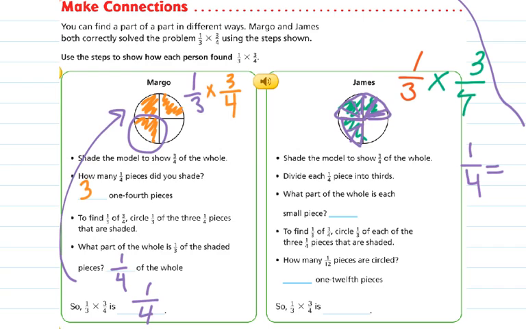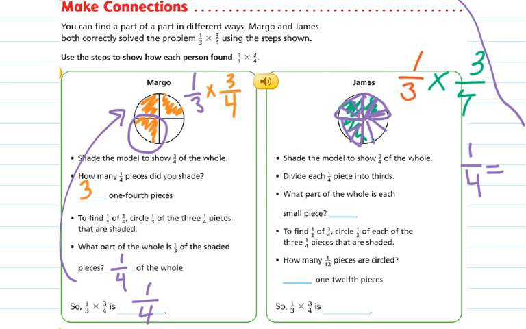So students, as you can see, we had 1/4 pieces, and each 1/4 we cut into 3 pieces. So really we have 3, 6, 9, and 12. So I'm going to cut that last 1/4 into 3 pieces.